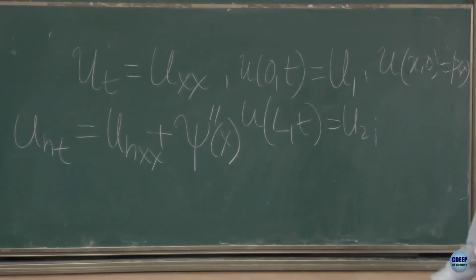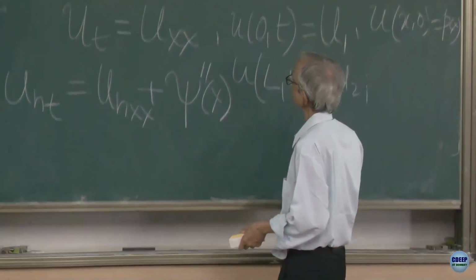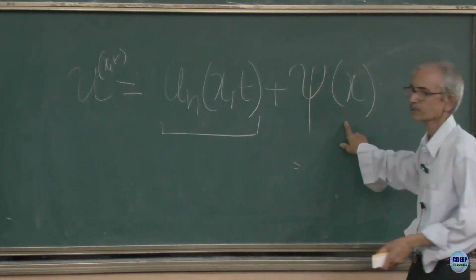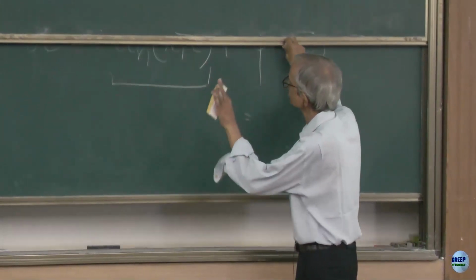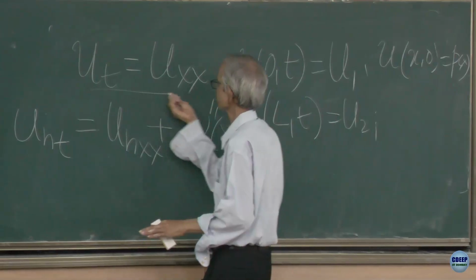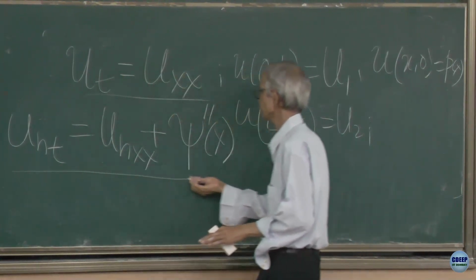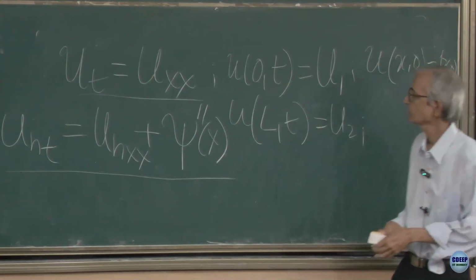Okay. What we have done is, we have said that we assumed that u was equal to u_h plus psi, and then we plugged this into the governing equation, u_t plus u_xx, and we just did brute force algebra and we came up with this guy here. So far so good. Okay.